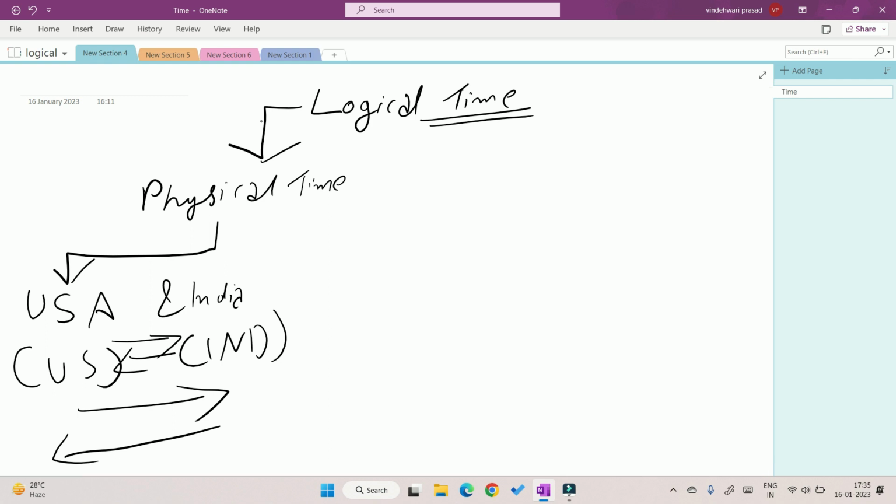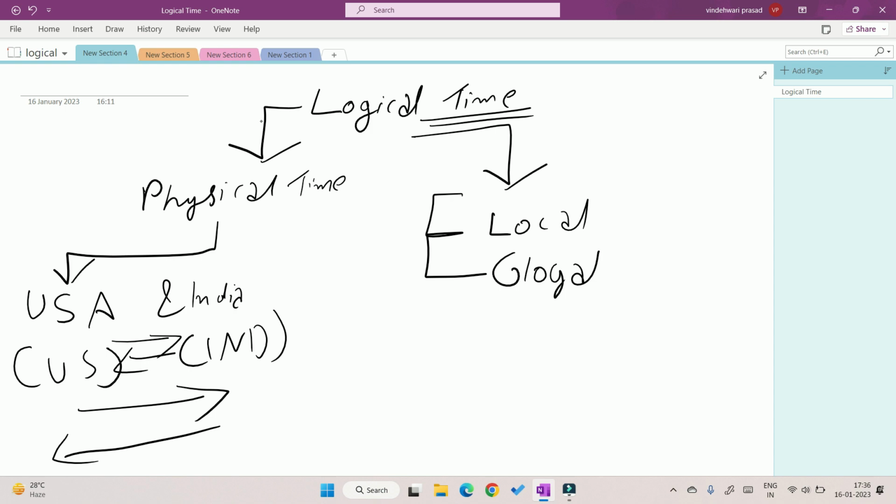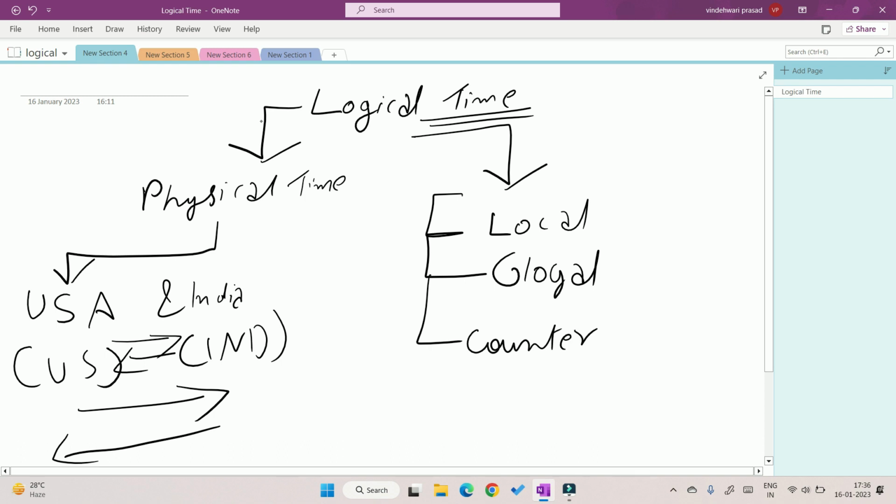To solve this issue, we have to use logical time, and logical time is basically of two types: one is logical local time, the second is logical global time. We use a counter rather than time to know which process happened first or second.